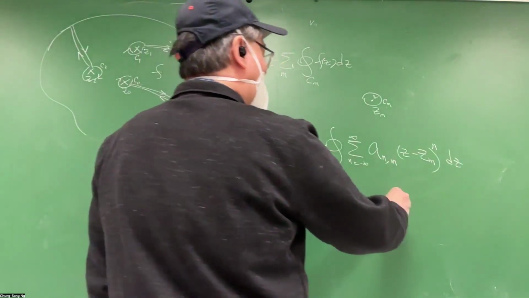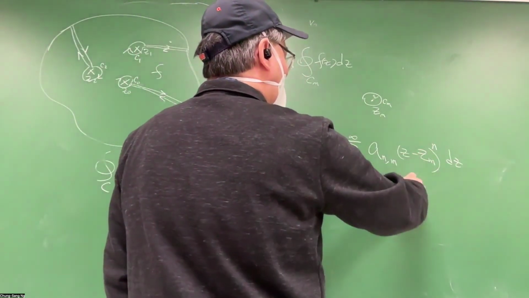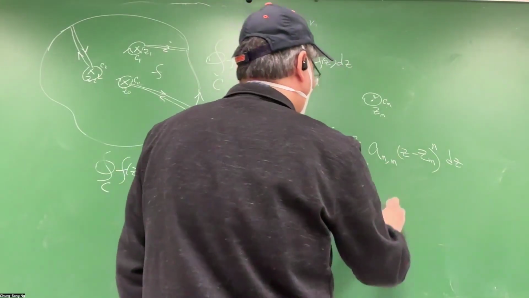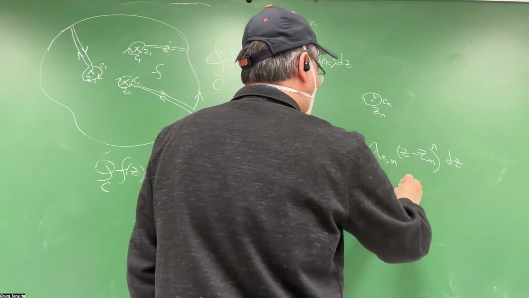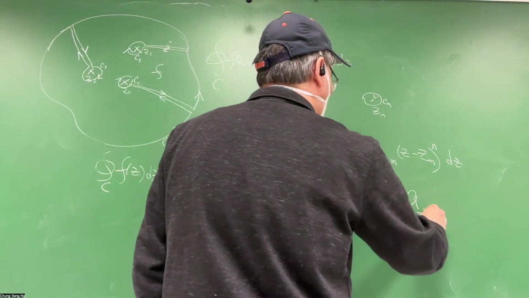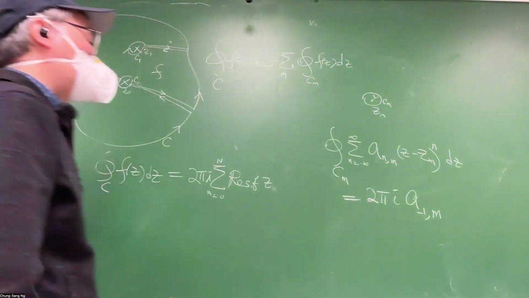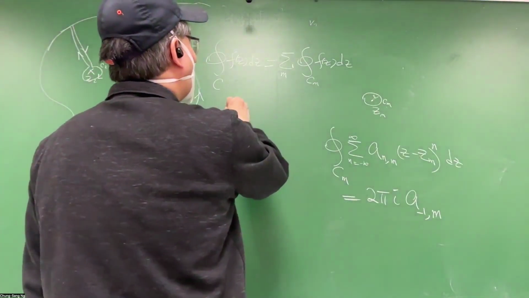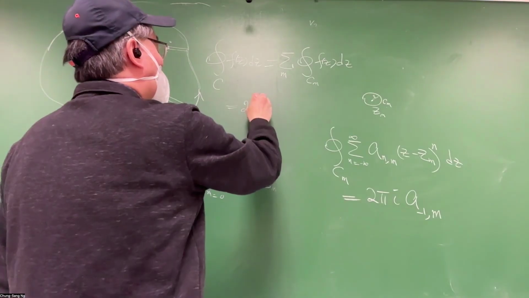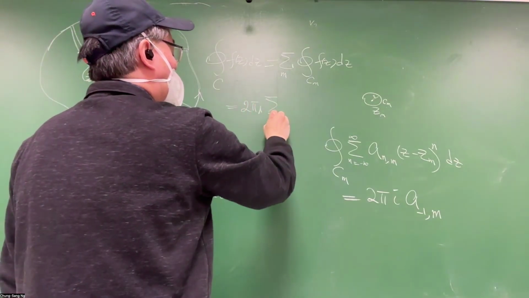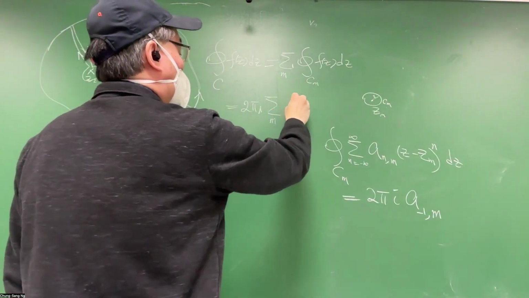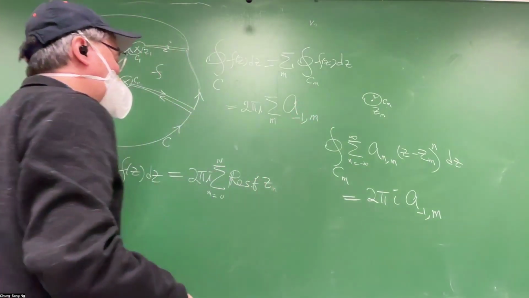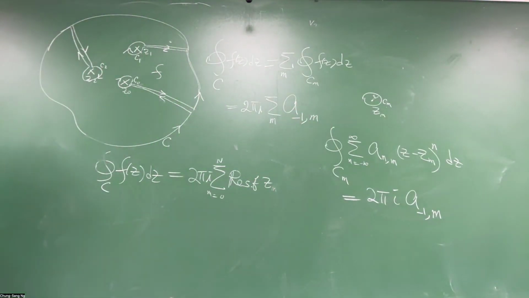So that equals 2 pi i times a sub minus 1 for the m pole. So finally, we get 2 pi i times the sum over m of a sub minus 1 for m. Okay, so that's basically the residue theorem.